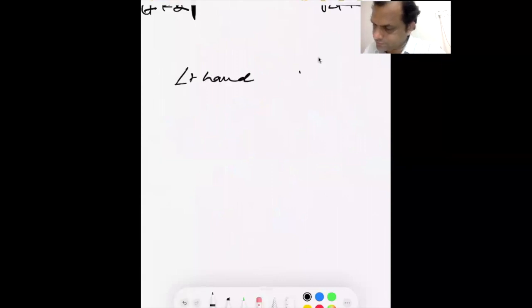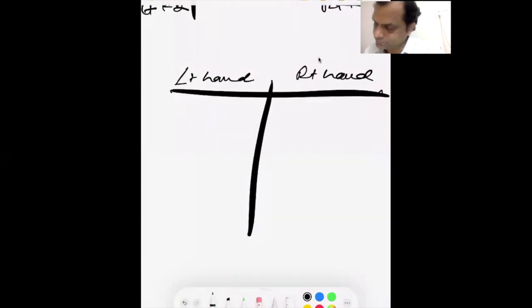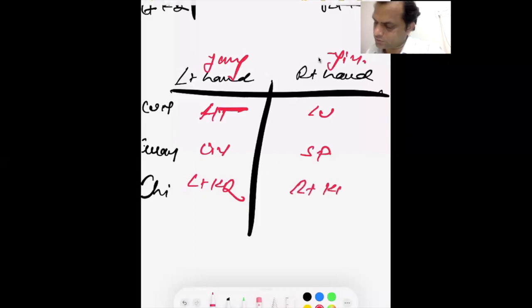So left hand or right hand. The pulses chun, guan, chi. Left hand means yang, right hand means yin. So the pulse is like that: heart, liver, and left kidney on one side, lung, spleen, and right kidney on the other side.